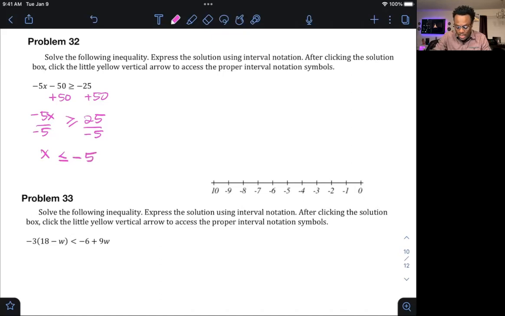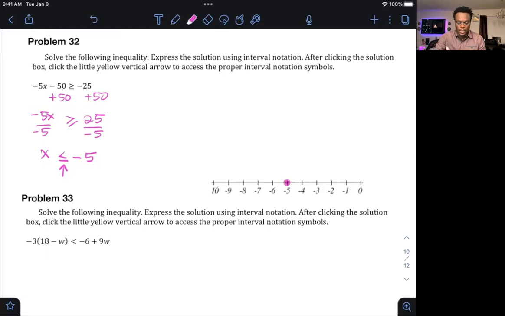Well, on the number line, because you have less than or equal, you're going to need a closed circle on your number line at the number -5. So, a closed circle.